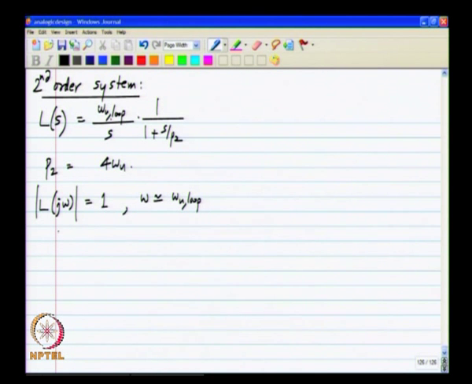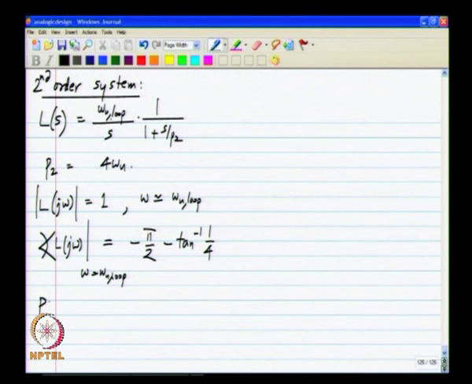So, the phase angle of L at the unity loop gain frequency is given by minus pi by 2 due to the integration minus tan inverse 1 by 4 due to the second pole, and the phase margin Pm is pi plus the angle.